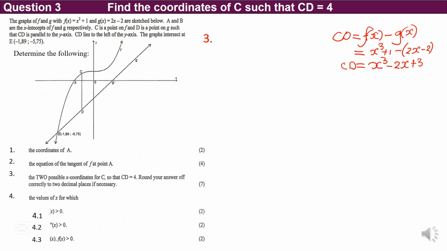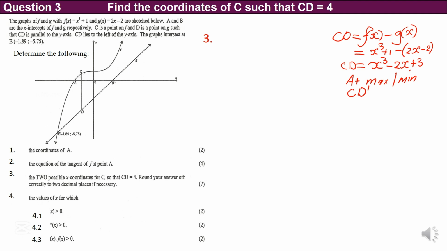3. Now, after determining the length of the line, at the maximum or minimum of anything, the derivative is always equal to 0.